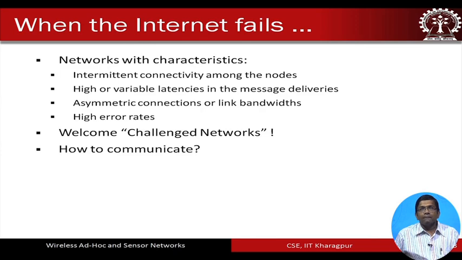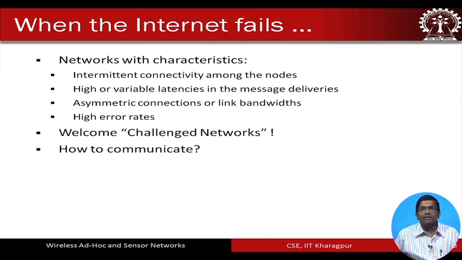Certain types of networks, more specifically, exhibit properties of intermittent connectivity between the different nodes. That means there are no end-to-end connectivity guarantees at different instants of time. At certain instants of time, two different nodes are connected.